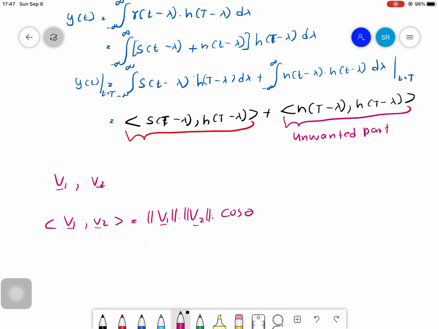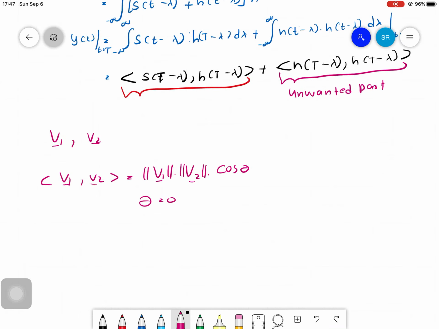It means we get the maximum result when theta equals 0. It means V1 will be equivalent to lambda times V2. Actually, I won't use lambda, I will use some other letter like alpha. It means the two vectors are parallel. The same theory applies to this inner product as well.